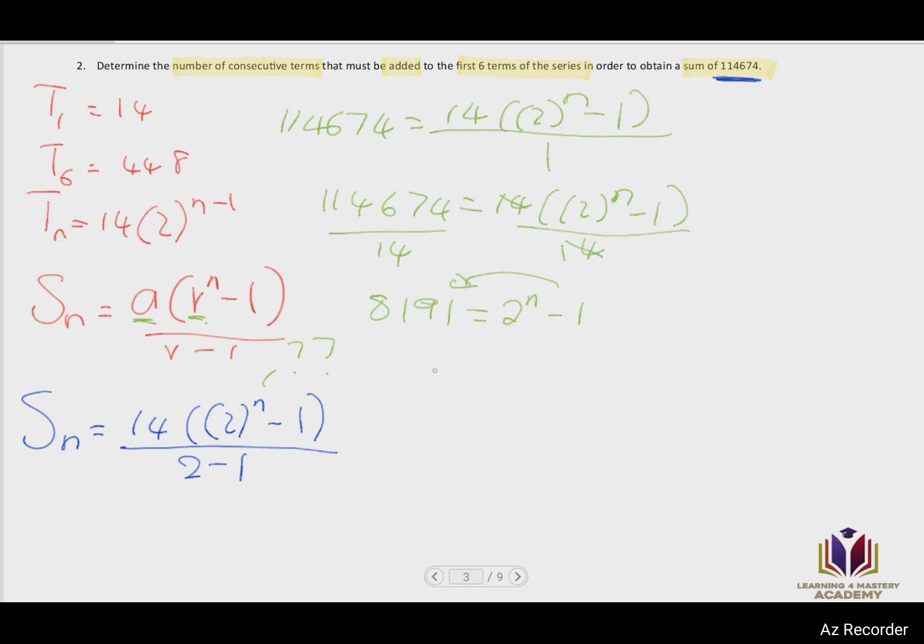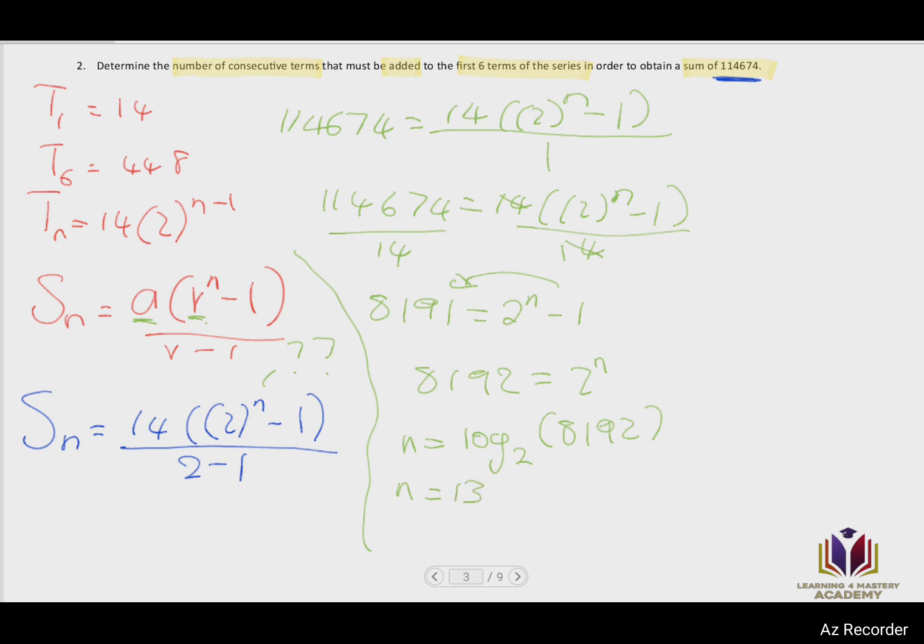It's going to give me 8,192 equals 2^n. From here, we can then apply logarithms. We're going to say n equals log base 2 of 8,192. Then you put this in your calculator. It gives you 13.